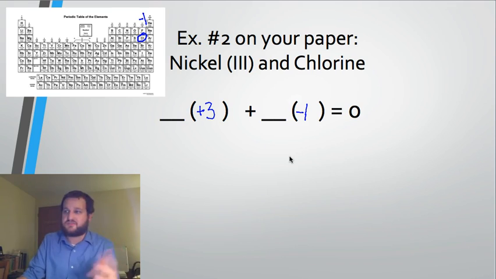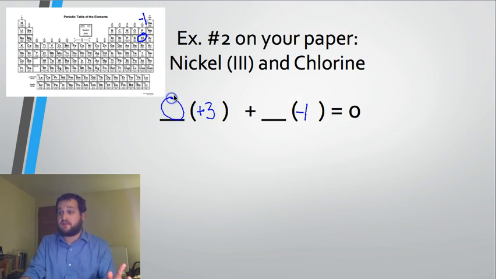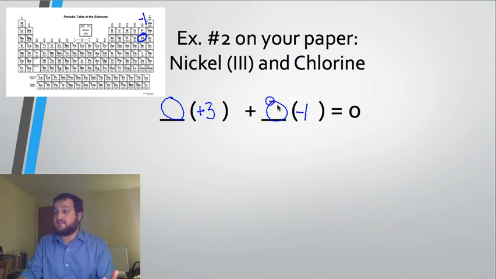Well, now I just do the same exact thing I did before. So I need to figure out what numbers would go here and here to give me 0. Now, I'm not actually going to put 0 here. Remember, I can't have 0 nickel atoms and 0 chlorine atoms.